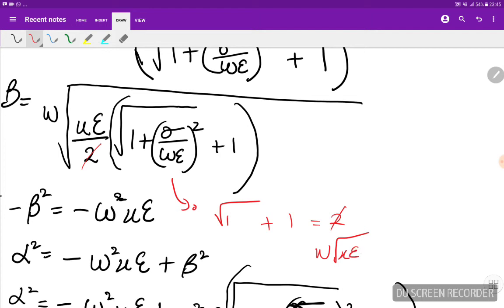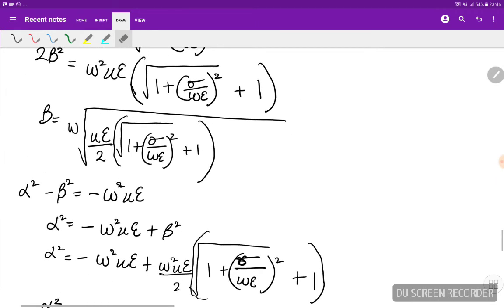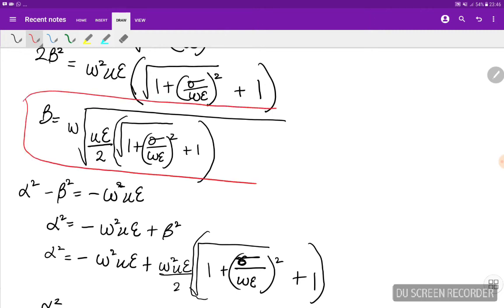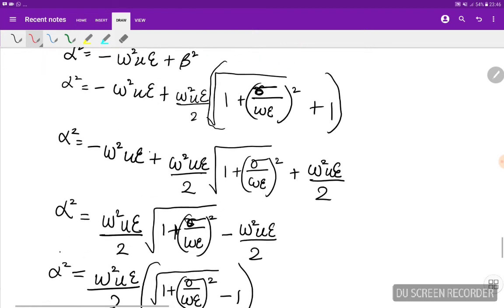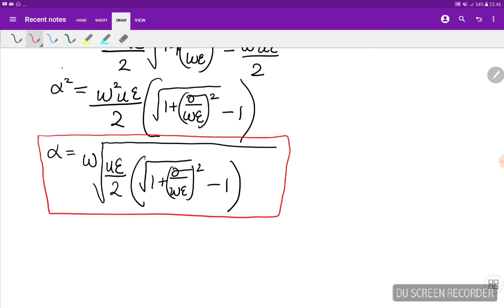So you can see that it's a kind of back and forth relationship. This is a derived formula for your alpha. Now take note, this is the formula you need, your beta and your alpha for lossy media. So you can see that this is more or less the general formula for any medium.